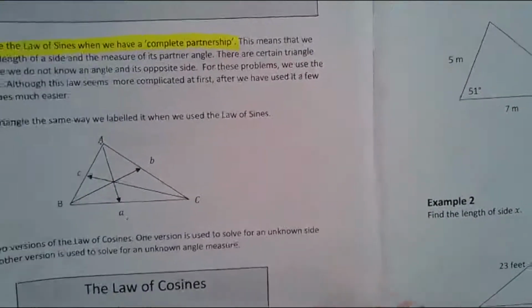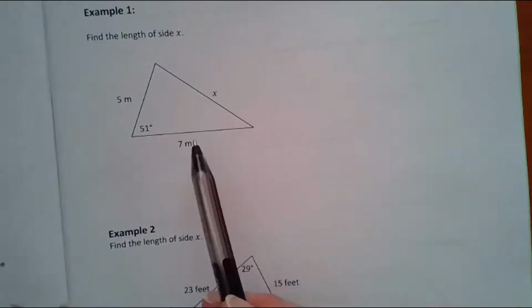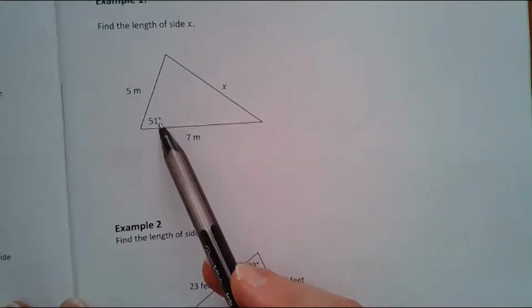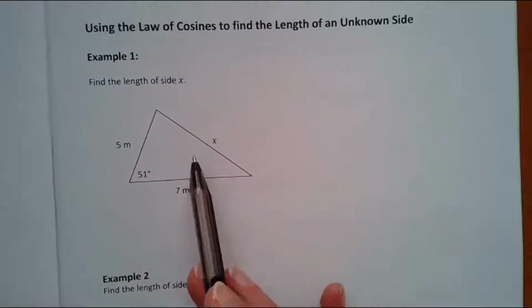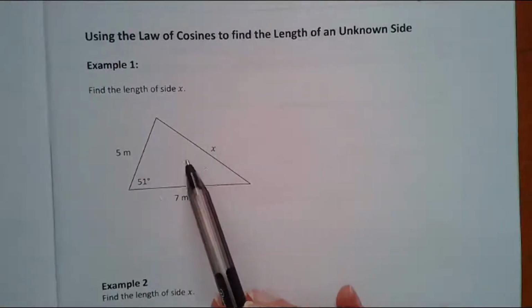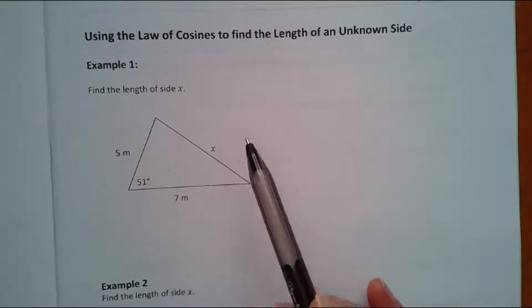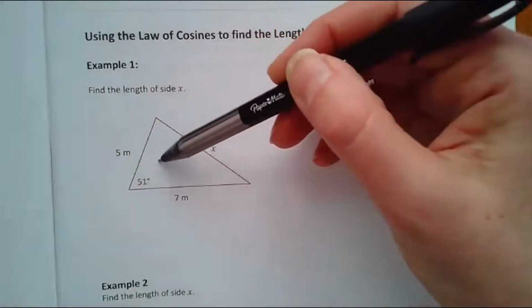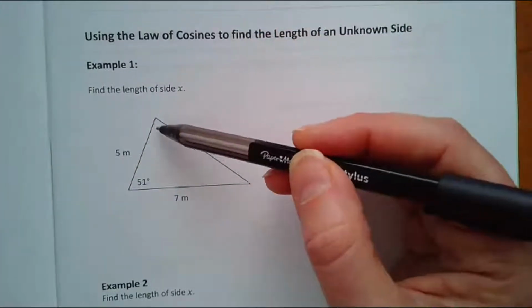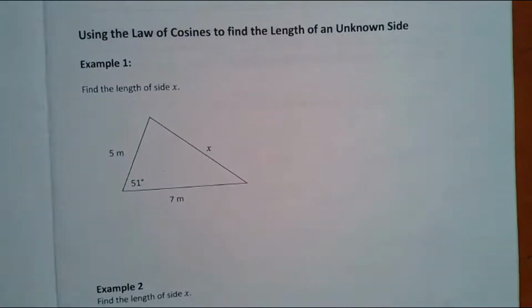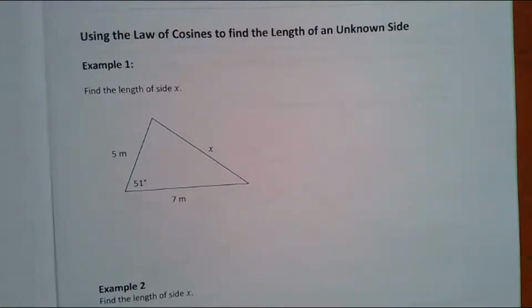There are going to be some questions where we don't have a complete partnership. So you can see, on page 21, I have this angle and I do not have the accompanying side. I have this side, I don't have its partner angle, and I have this side and I don't have its partner angle. So that's when we use the law of cosines.